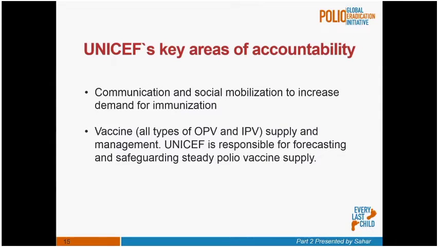For us in UNICEF, what is important is to zoom in a bit on the areas specified in the SOP that are of accountability to UNICEF. And these are classically the communication and social mobilization for demand generation, as well as the vaccine supply and management. These two are important in terms of our contribution to the total GPEI initiatives to interrupt any outbreak.